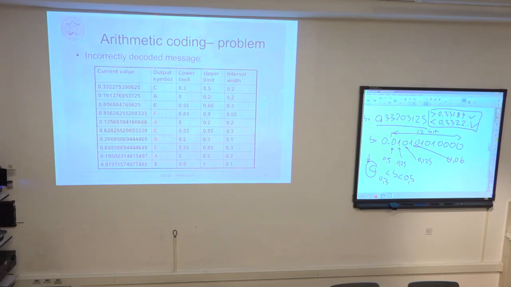Because if you have received only 12 bits of message, then if I multiply the probabilities of these symbols in the sequence, it will not be 12 bits, it will be maybe 24 or 30 bits. And obviously this is wrong, because you have only 12 bits. So simply, based on the length of the encoded message, you immediately know something is wrong.